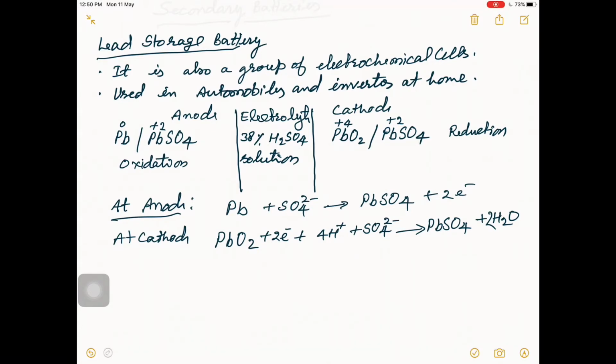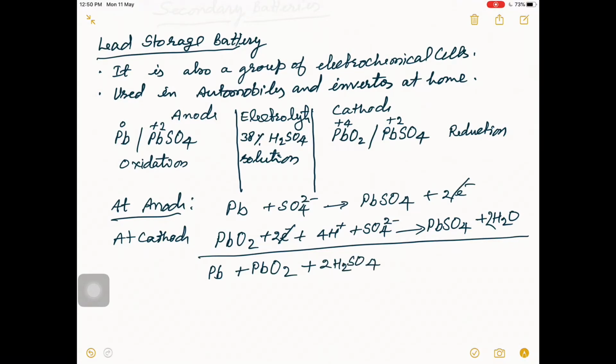There will be reduction of PbO2. The PbO2 grid will change into PbSO4, and at the anode also the lead grid changes into PbSO4. So now the net reaction will be Pb plus PbO2, and electrons will cancel in both half cell reactions, and there are 4 hydrogen ions and 2 sulfate ions, so this will become 2 H2SO4.